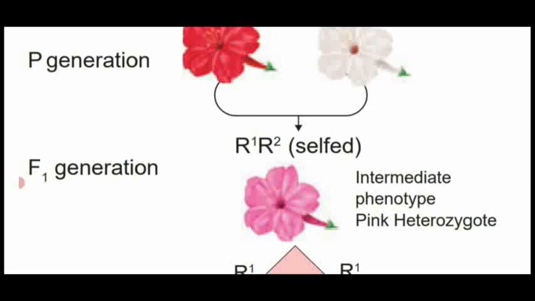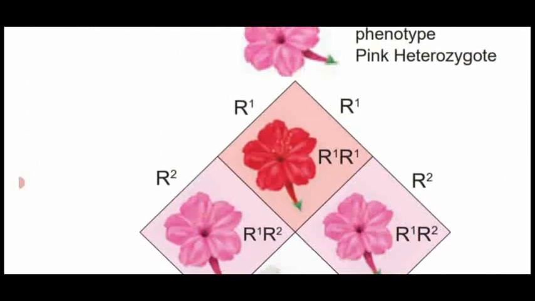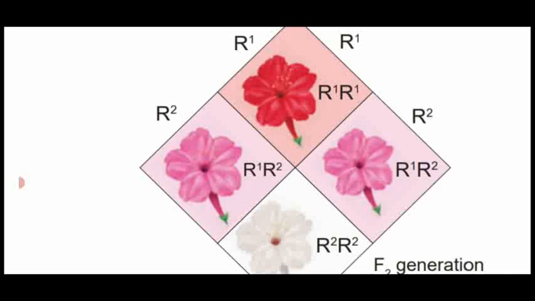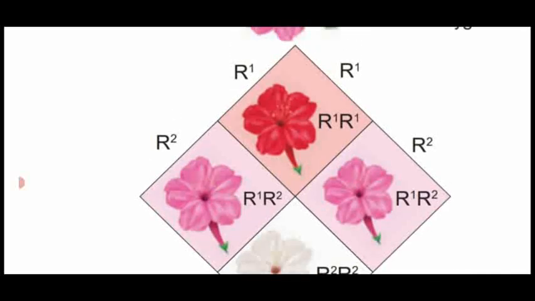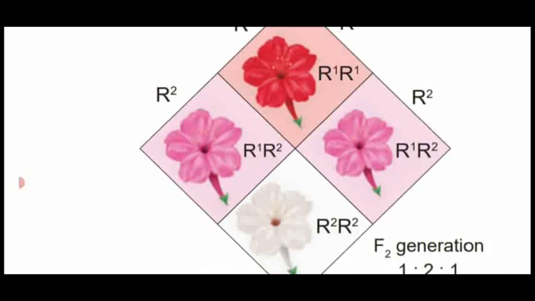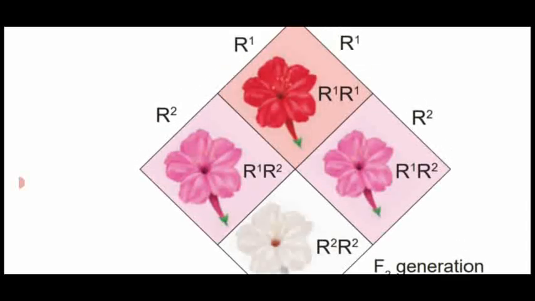It is once again selfed and produces different gametes in the F2 generation. That is R1 and R1, the dominant parental character, that is red color. R2 and R2, the recessive parental character with the white color flower. Then two different alleles are joined together, R1 and R2, which forms the pink color flower.